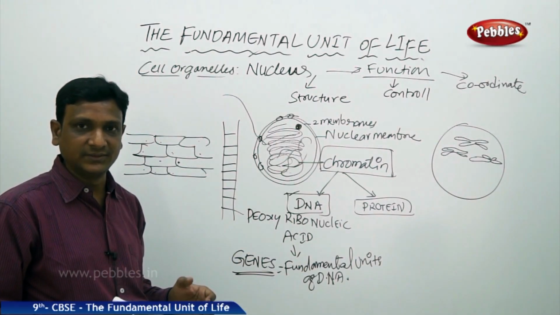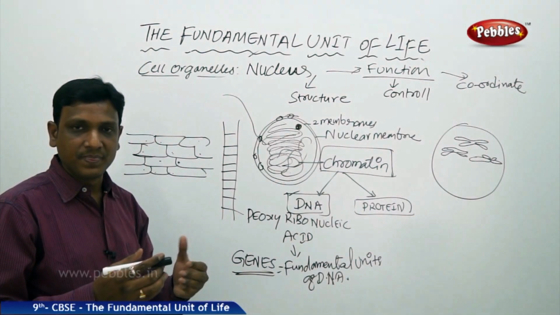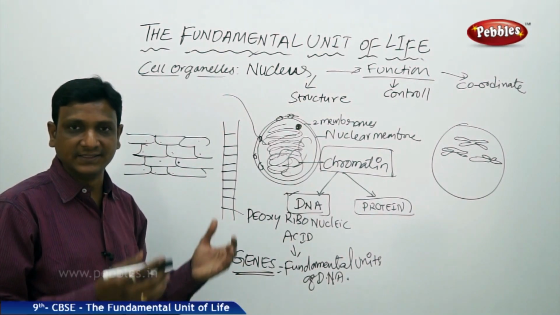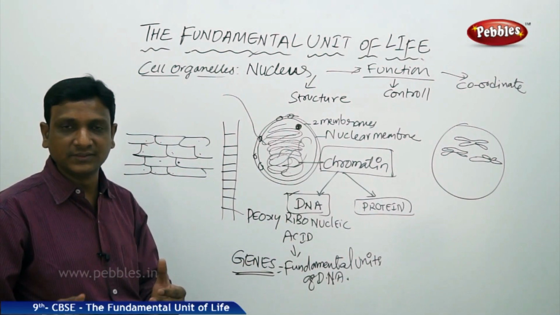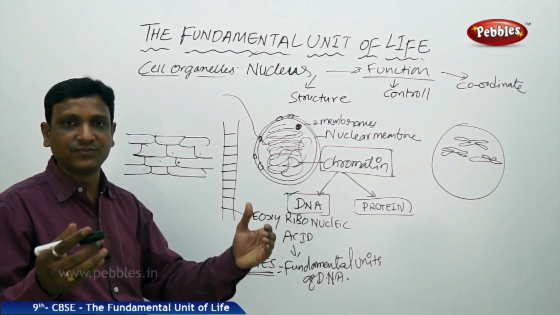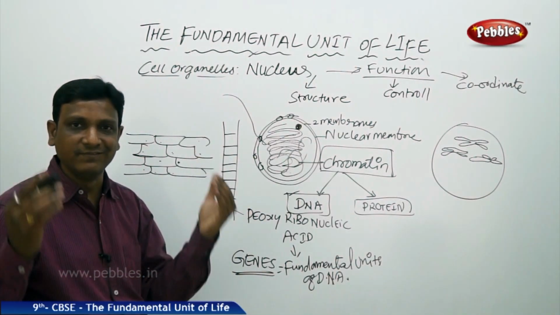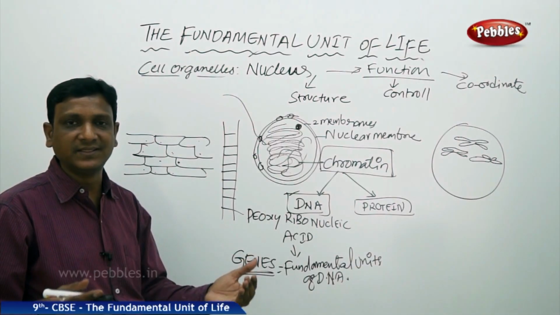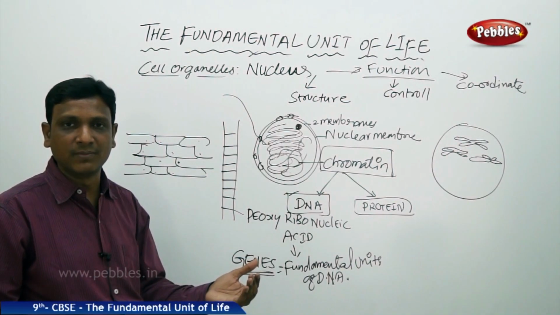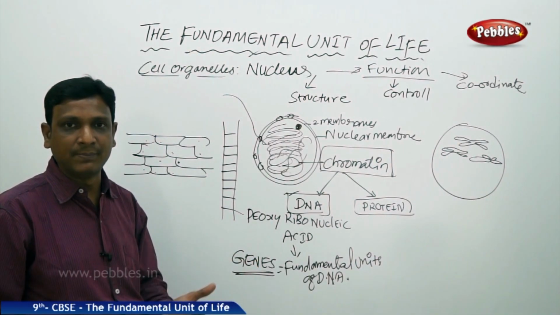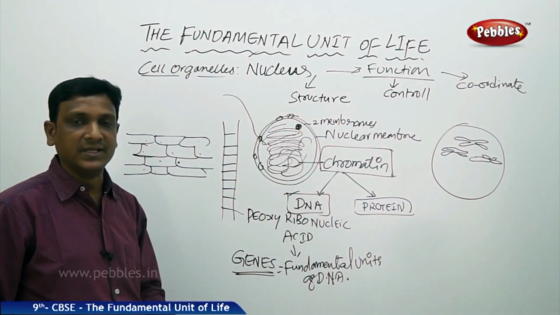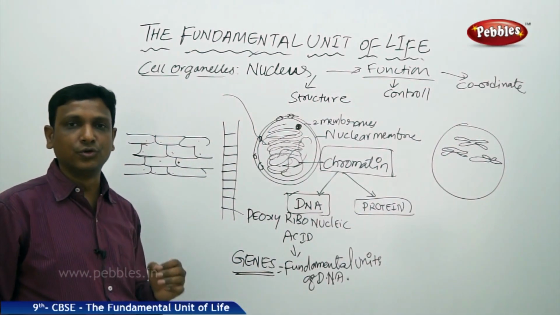When the cell division takes place, the chromosomes are divided in a specific manner in the case of mitosis and in the case of meiosis. By that, the genetic material is transferred to the newly formed cells in a proportionate, proper way, without missing genes. Otherwise, abnormalities may arise. That does not happen, which is achieved by the nucleus. So it plays a very important role in cell division.